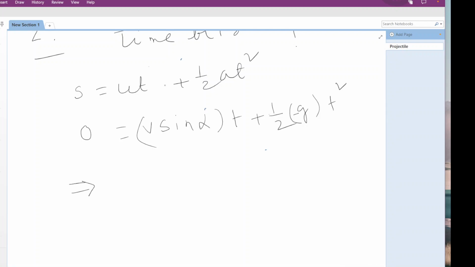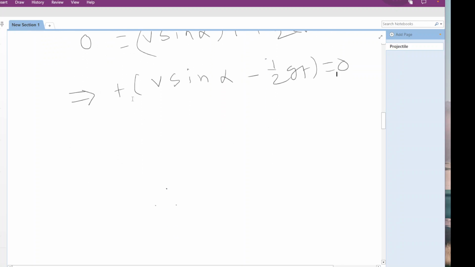This implies that t multiplied by v sin alpha minus half g t squared equals 0. Solving this equation, one solution is t equals 0, another is v sin alpha minus half g t equals 0.